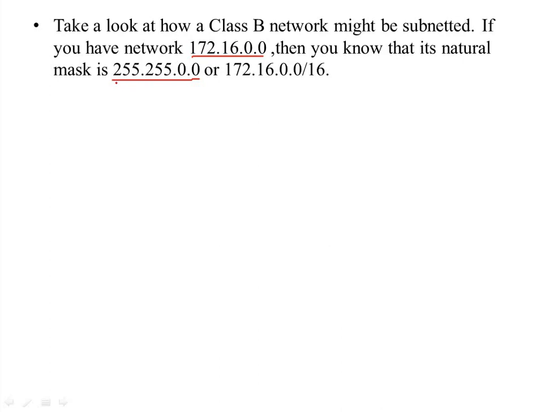For class B, the natural mask is 255.255 because the first 2 decimals are for the network ID. So I know that, and that's why I have put it like this. Or else I can represent the same network ID without the mask as 172.16.0.0/16. /16 means 16 bits of the first 2 octets are utilized for masking purposes only.